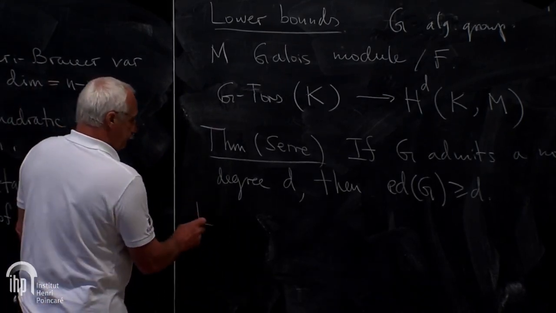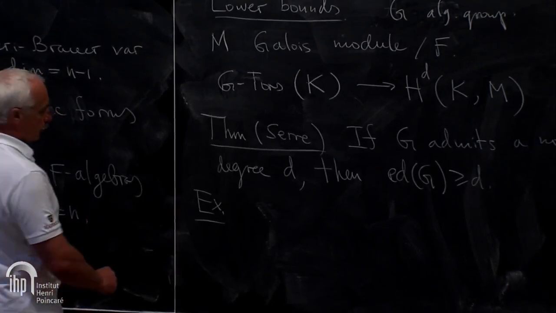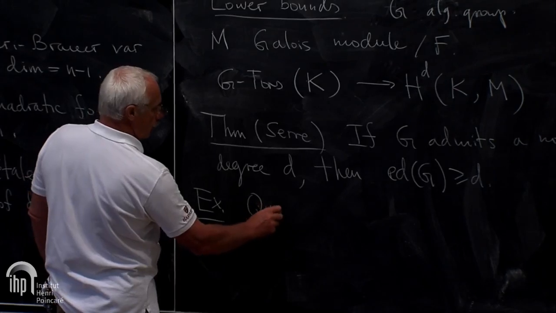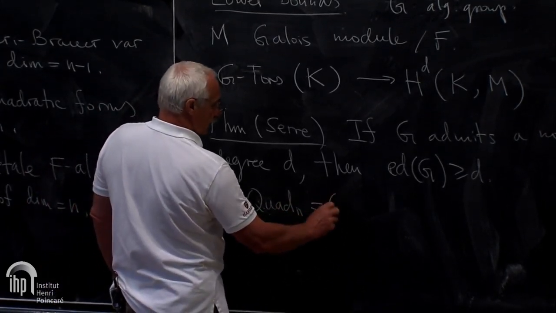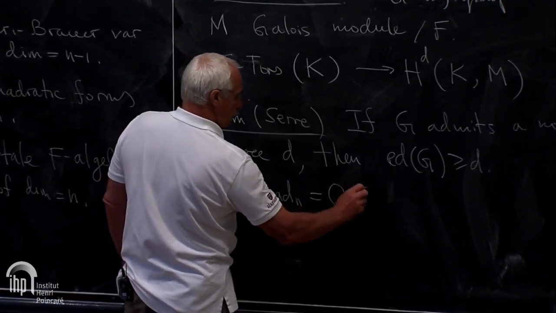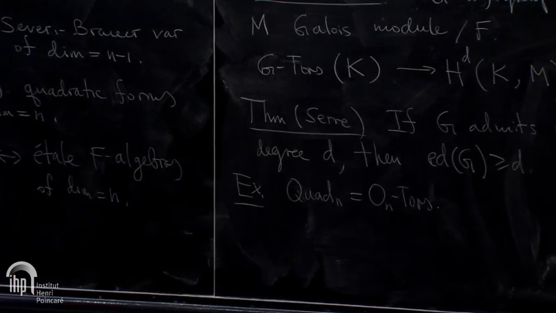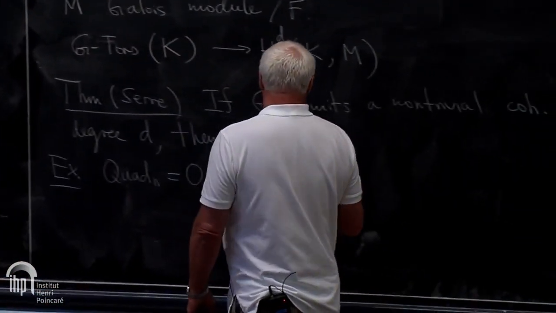Well, example. Let's look at the O_n torsors, so quadratic forms of degree n are the same as O_n torsors. So every quadratic form over a field of characteristic different from 2 is diagonalizable.